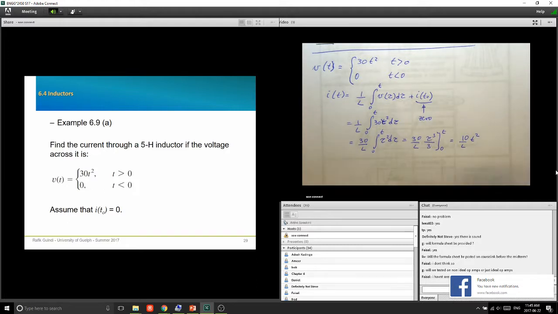We have a 5 henry inductor. So that's equal to 2 t cubed amps. T cubed, sorry.